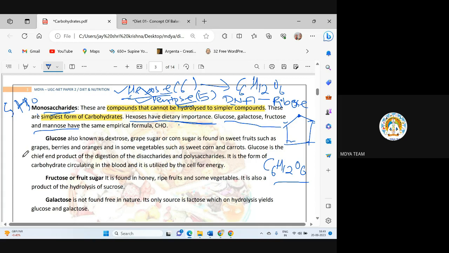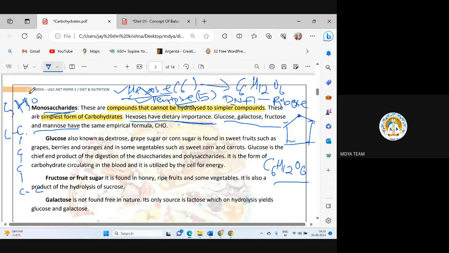Okay, that difference is because of their structure. Like, I am giving a simple example. The structure of glucose can be like this, where 6 carbons are present. These are 6 carbons.